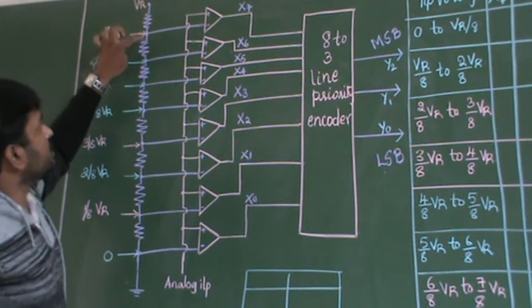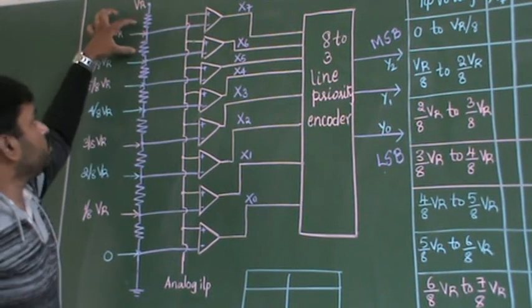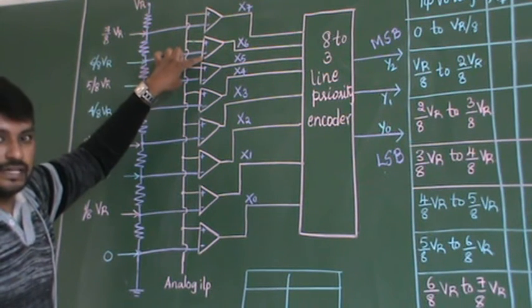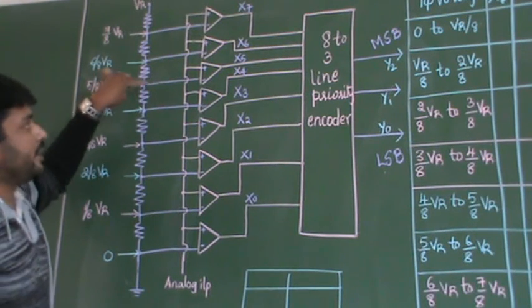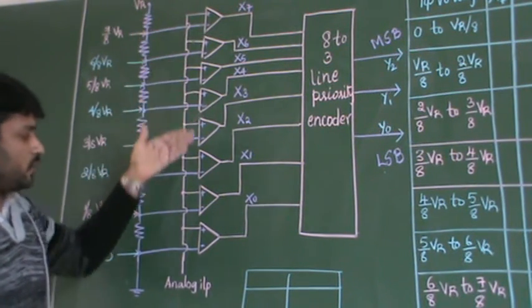After one resistor, you take one point and give it to the negative terminal. After 2 resistors, you get one more point, connected to the next comparator's negative terminal. After 3 resistors, you get one more point, connected to the negative terminal of the 3rd comparator, and so on.